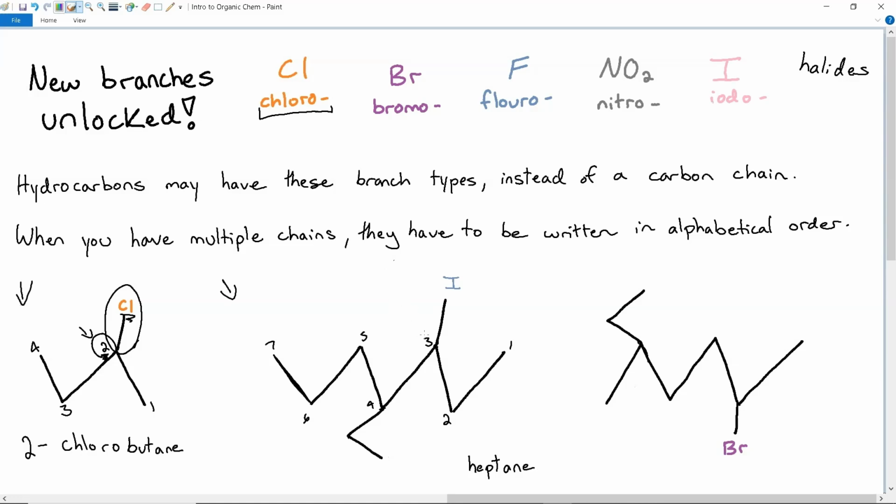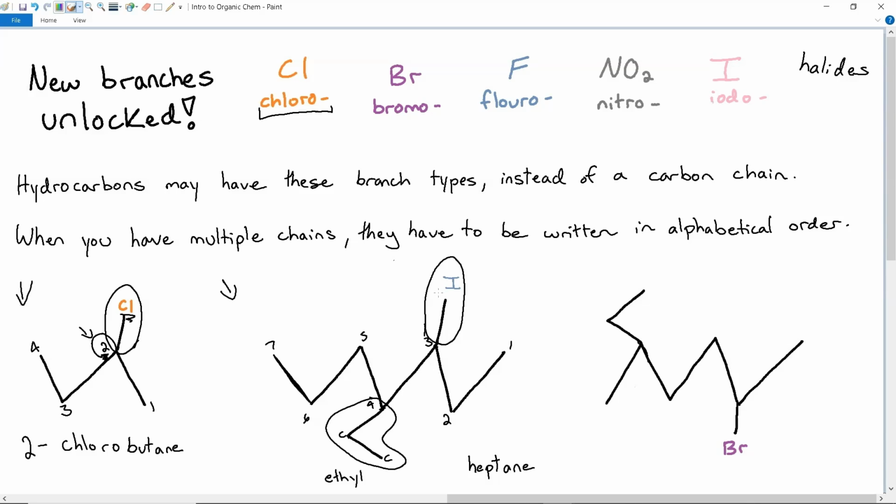I have an iodine branch on carbon 3, and a 2-carbon branch on carbon number 4, and 2 carbons based on our prefix table is going to be referred to as an ethyl branch or an ethyl group.